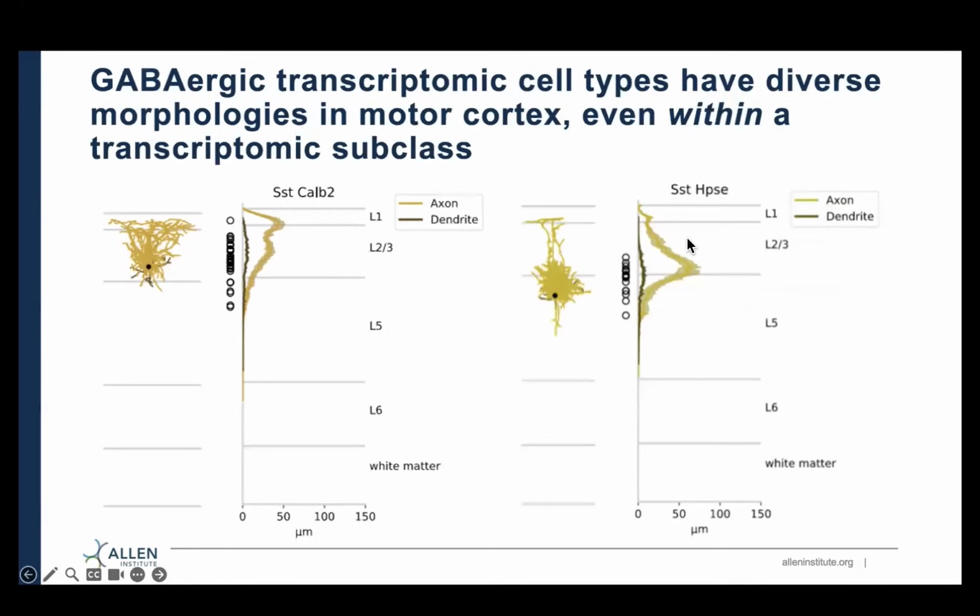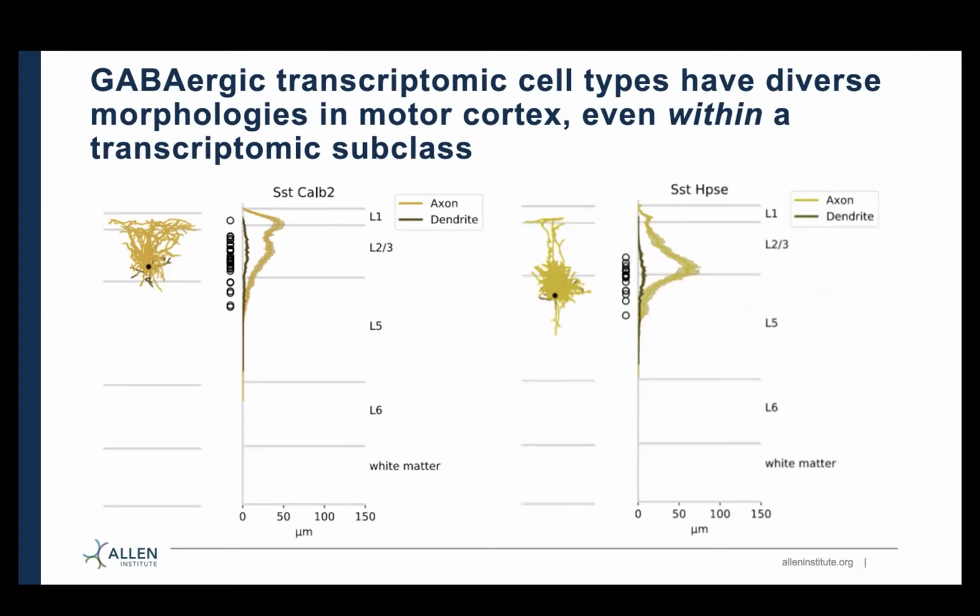If moving on, similarly, GABAergic interneurons, even within the same molecular subclass, in this case somatostatin or SST, can have very different soma distributions and morphologies.